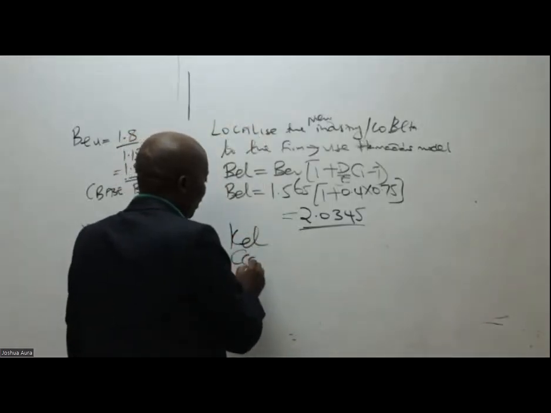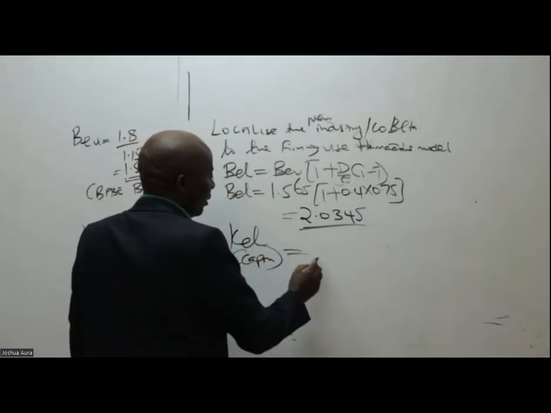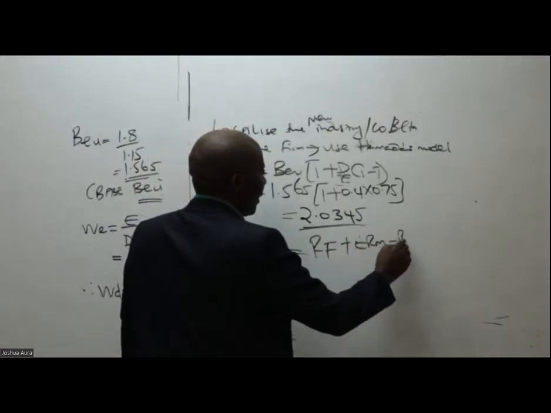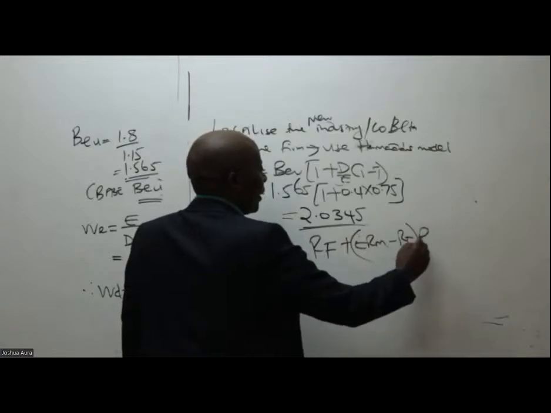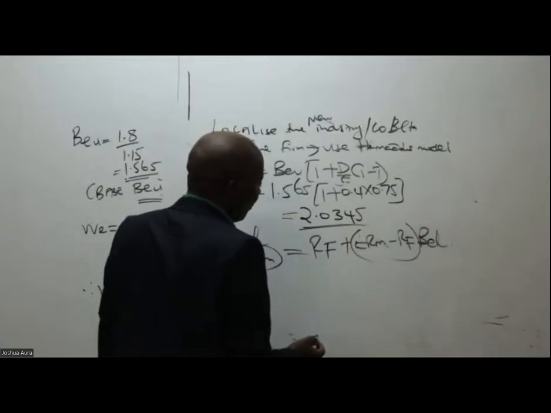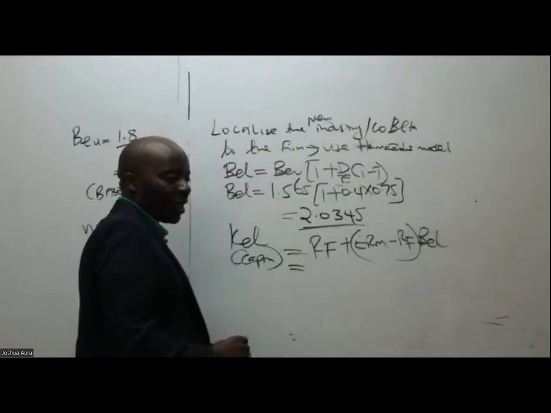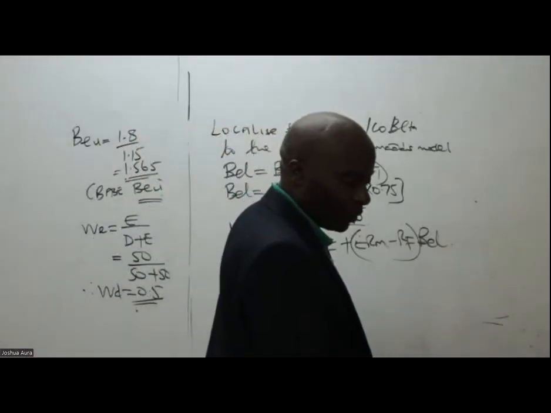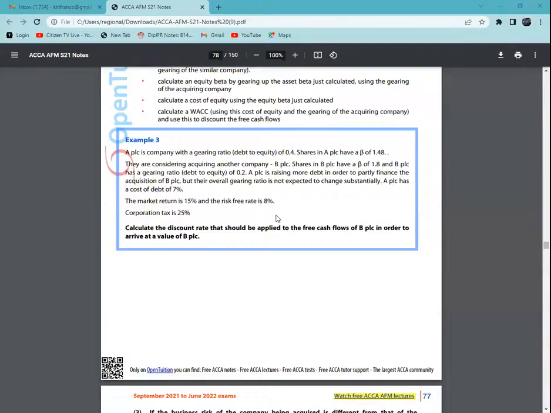So this one here will be risk-free plus ERM minus risk-free multiplied by the beta equity of this firm that we got up. Unfortunately, we have these metrics. Are you able to see the risk-free rate of return? I'm being told it's 8%.